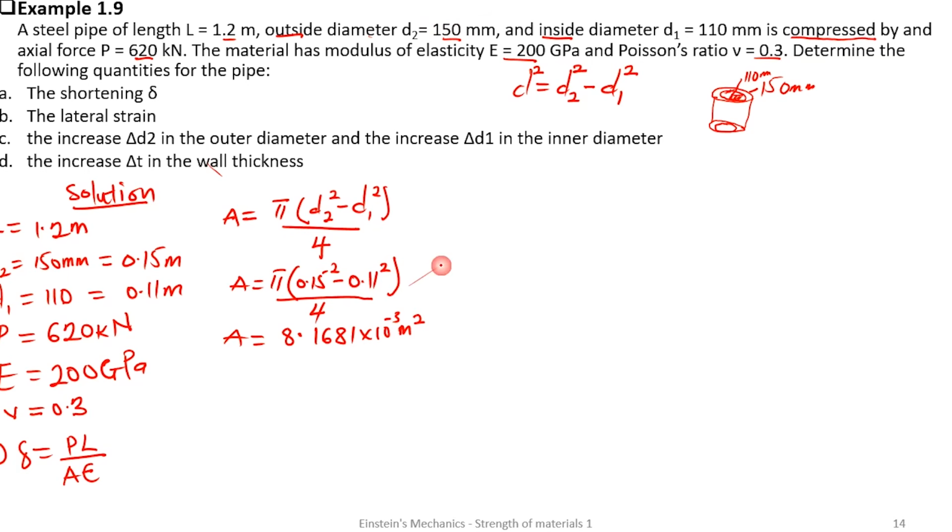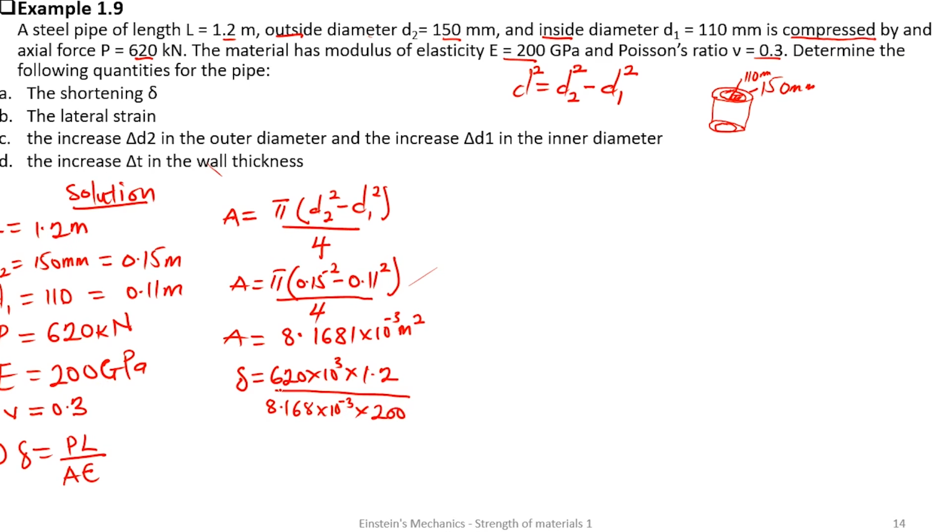Here, are we good? So the elongation now is equal to, I have my force, 620 kilo, 10 raised to the power 3, multiplying the length, what was the length given? 1.2, on area, 8.168. What was the Young modulus E?